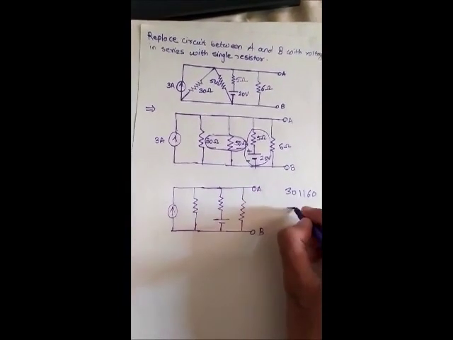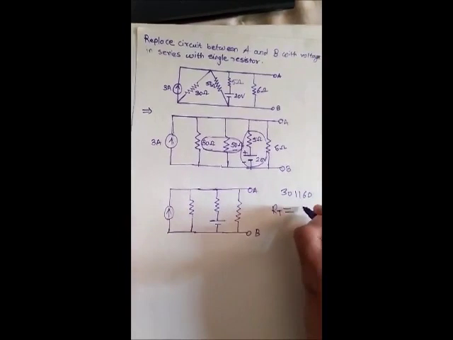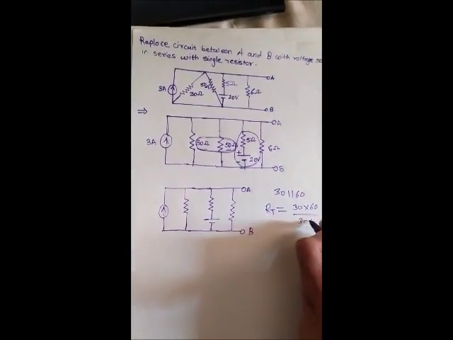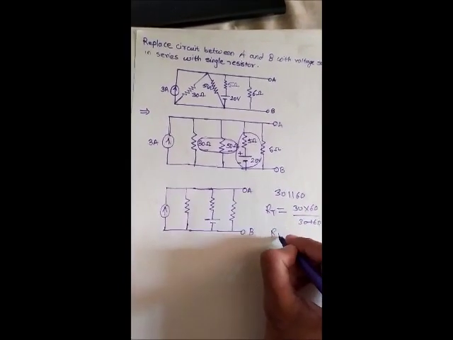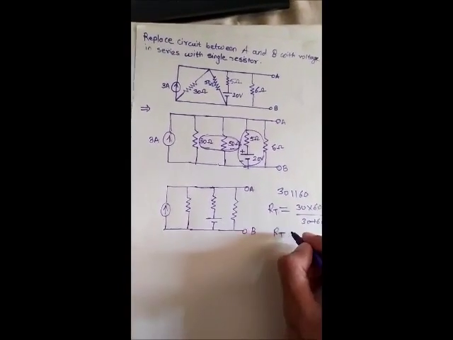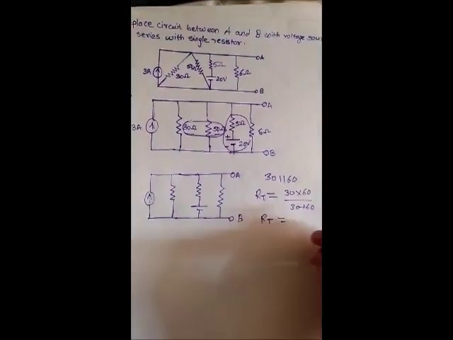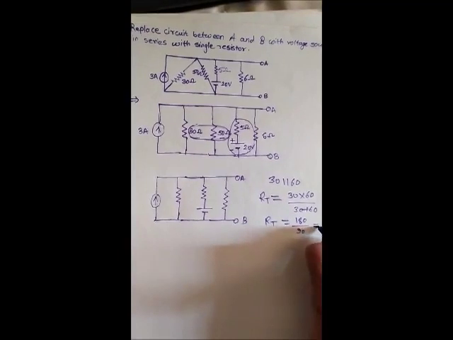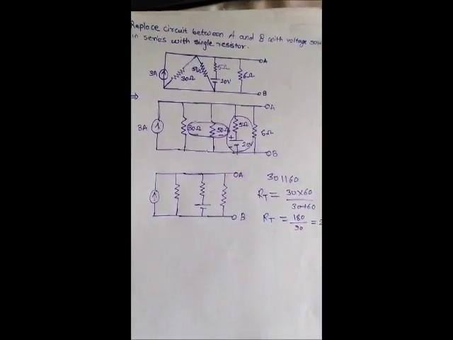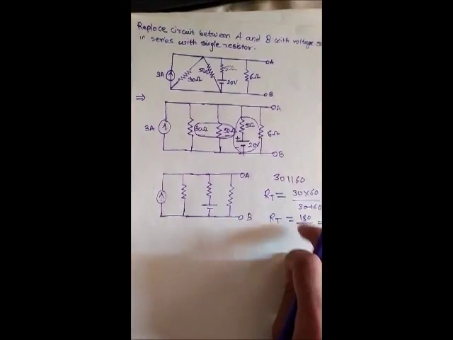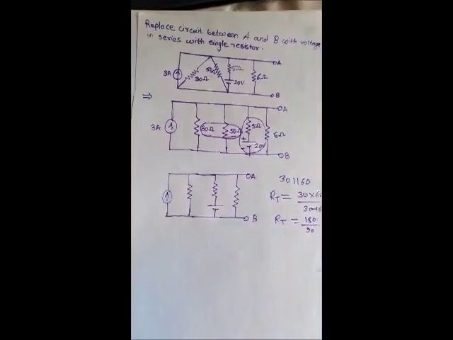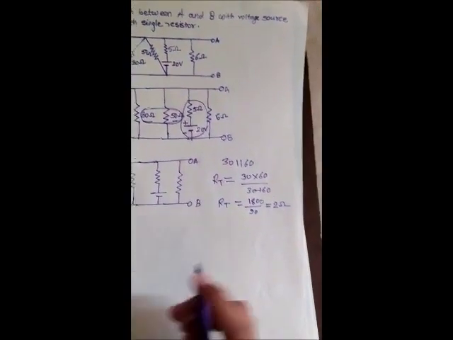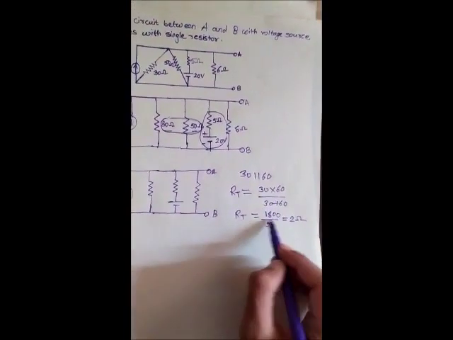So the parallel combination of 30 parallel 60: 30 into 60 divided by 30 plus 60. So RT is equal to 30 into 60, that is 1800. Sorry, I said 180 earlier, this should be 1800. 6 3s are 18 and 2 zeros, that is 1800.